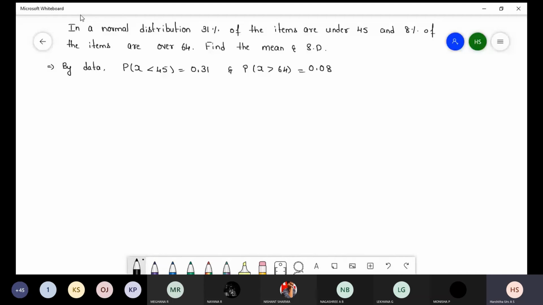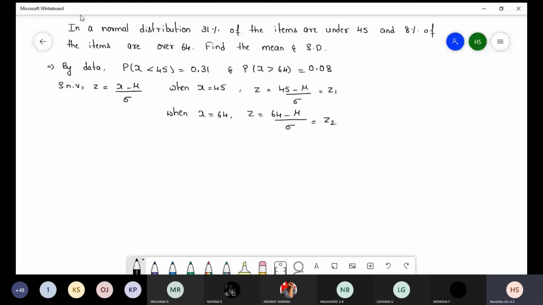So here I write the standard normal variate formula, Z is equal to X minus mu divided by sigma. When X is equal to 45, we can write 45 minus mu divided by sigma, and we call this Z1. Next, when X is 64, Z is equal to 64 minus mu divided by sigma, which is Z2.